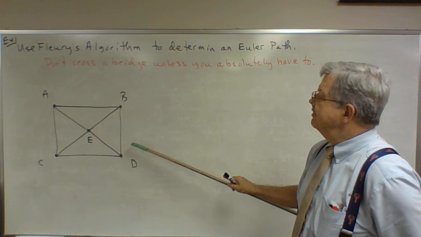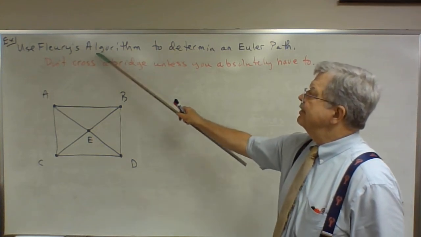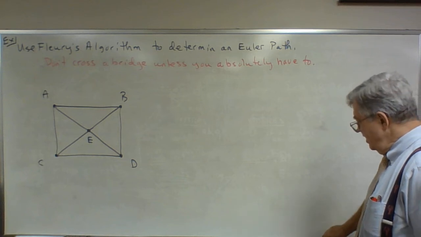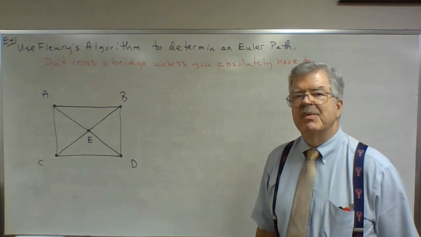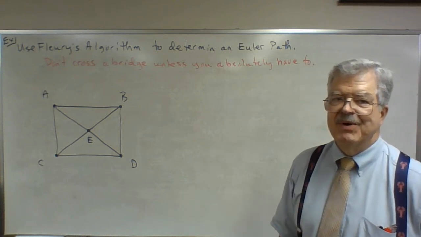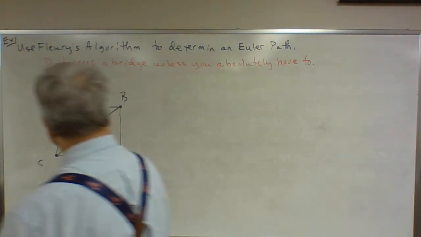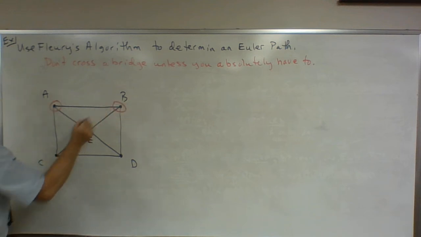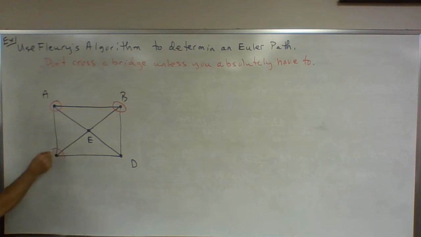Okay, let's take this graph. Use Fleury's algorithm to determine an Euler path. And we weren't just born yesterday, were we? We look at this and we go, what? Wait a minute now. Here's one vertex of odd degree. Here's another vertex of odd degree. Here's another. Here's another.